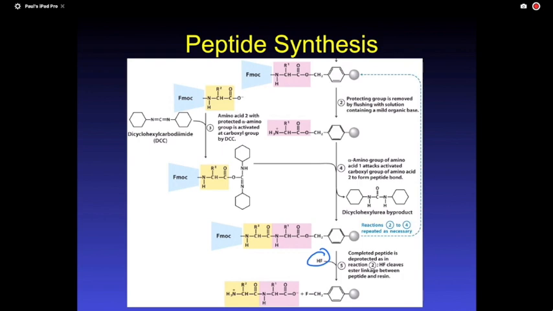All right. This is the old textbook's picture. I like the old textbook picture for one thing. The way it organized it was a little bit different and actually a little bit more logical. There is one thing, though, in the new textbook's picture that's important. Okay? We had to protect this N-terminus, right?